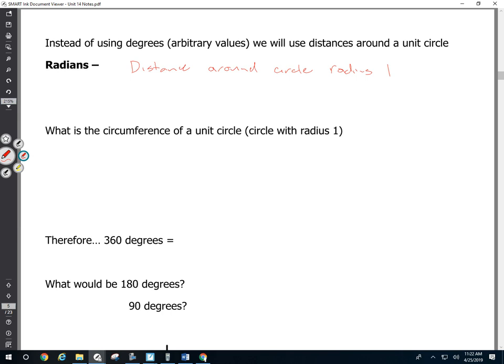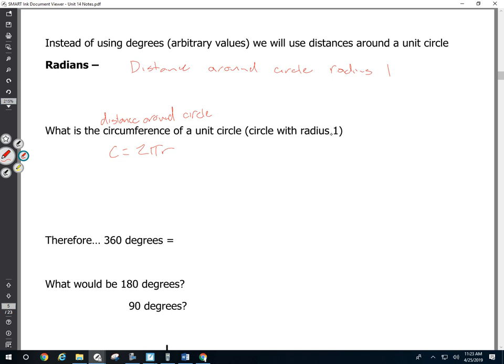Now, what is the formula for the circumference of a circle? Does anybody remember from geometry? Circumference meaning distance around a circle. Pi r squared is the area of a circle. 2 pi r is correct. The circumference of a circle, or the distance around a circle, is 2 pi r.